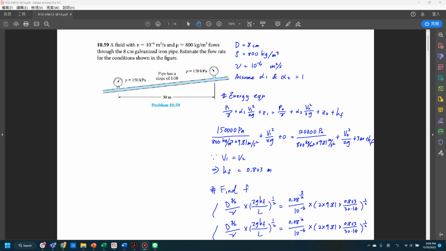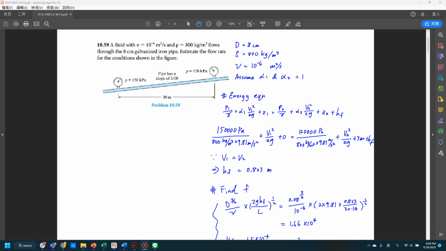First we will adopt the energy equation that I wrote down here, which is the energy equation you have used many times. After we write down this equation, we can plug in the information that we have from this problem to solve for the unknown. So alpha 1 and alpha 2 are equal to 1 according to our assumption. The pressure we already know is 150 kPa at point 1 and 120 kPa at point 2.